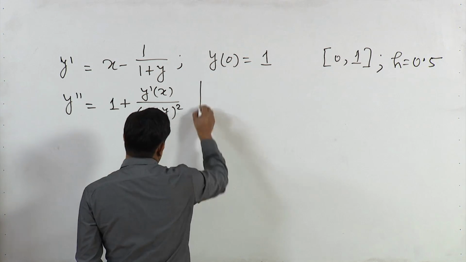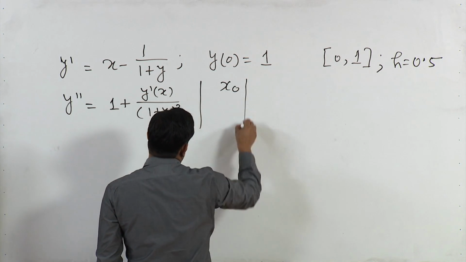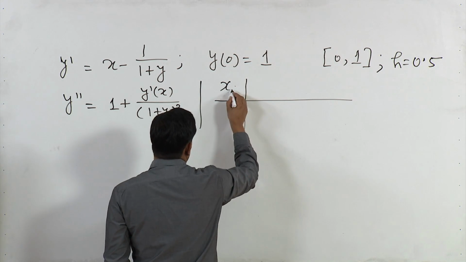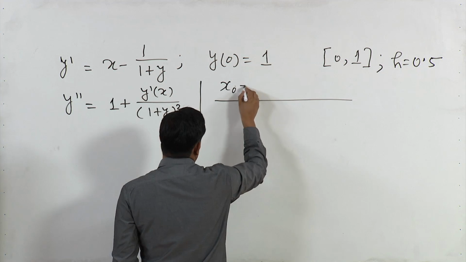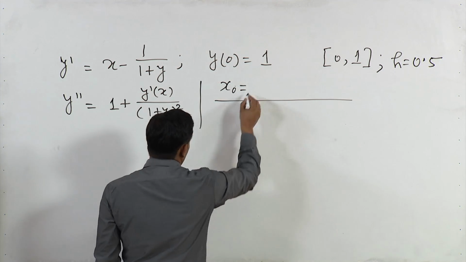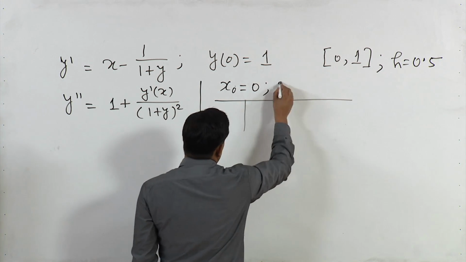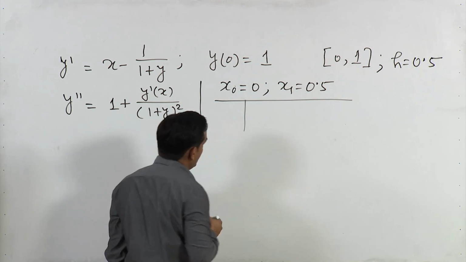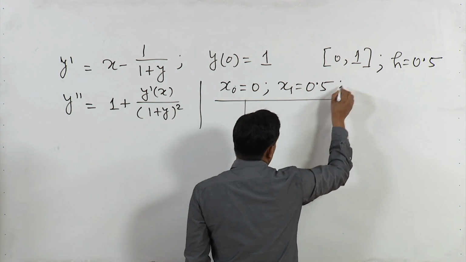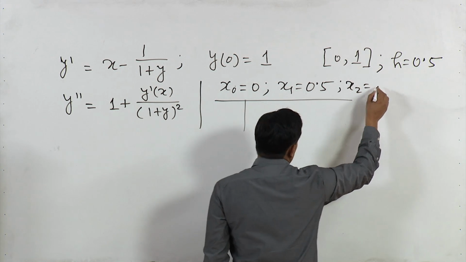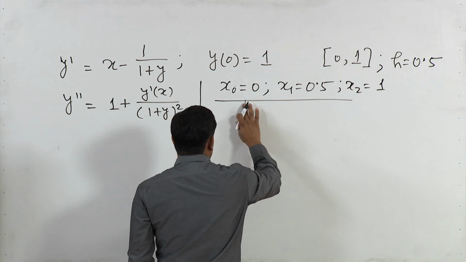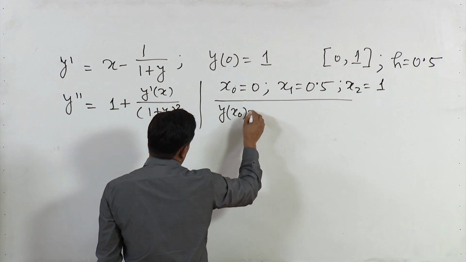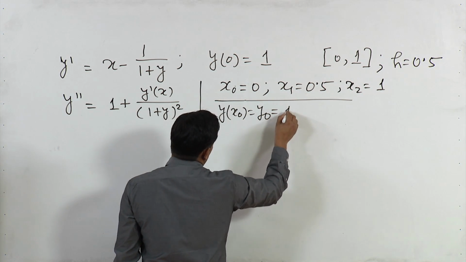So, here x0 is 0, x1 is 0.5, that is 0 plus h, and x2 is 1. At the initial point, y at x0, that is my y0, is 1.